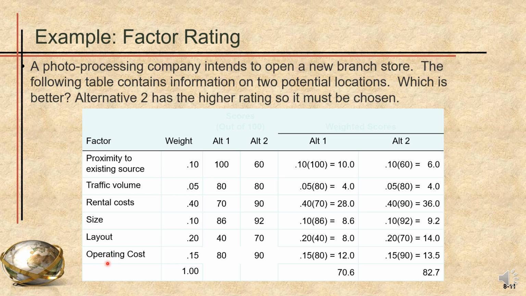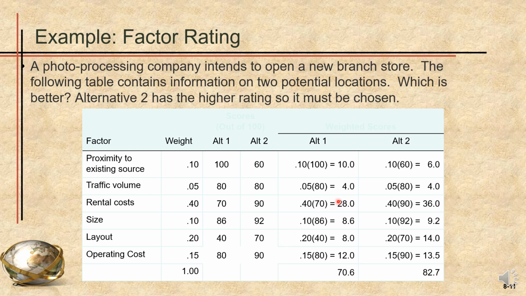Let us say for operating costs, you have a weight of 0.15. So you multiply 0.15 with 80. And 0.15 with 94, alternative 2. Then add all those products. So that will give you the total score for each alternative.